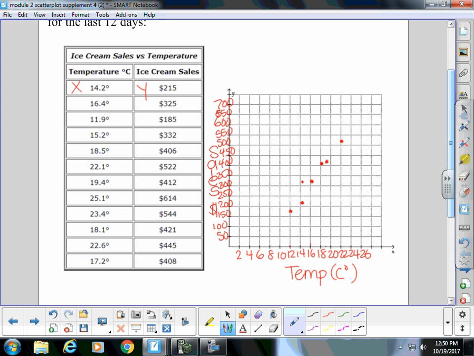What's it looking like? It's looking like a positive trend again. 25 and 614, so basically 600. 25, and a little over 600. 23, 544. Almost up to 650 or 550. 18, 421. 22, 445.